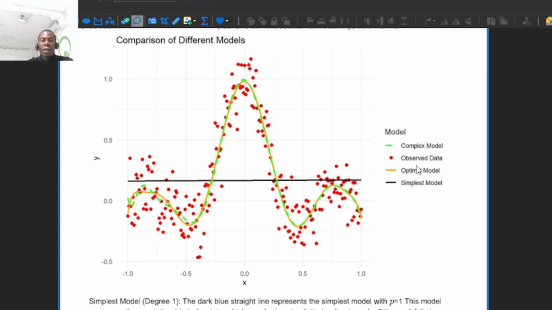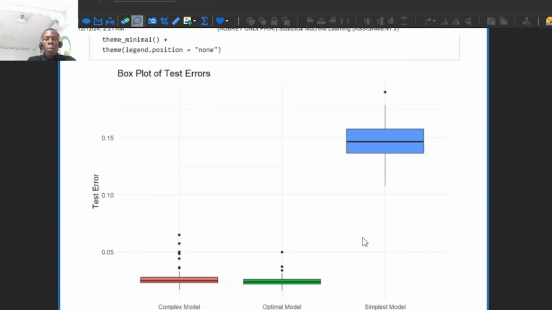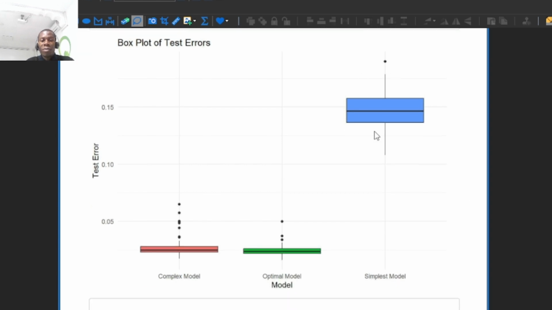So we'll see that more with the ANOVA test, which confirms that the better model is the one with the higher polynomial degrees. And doing a box plot of test errors on the 3 models, we see that for the simple model, the test error is way up. So we would likely settle with the more complex model, though there is no statistically significant difference between the optimal and the complex model.